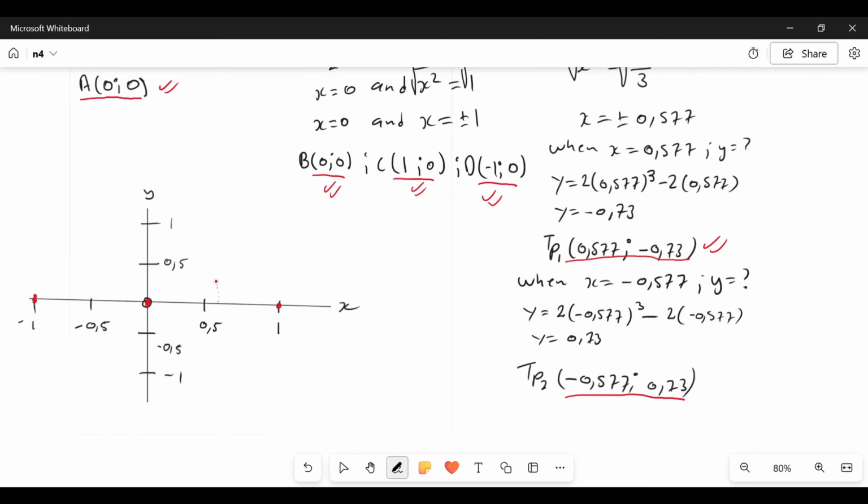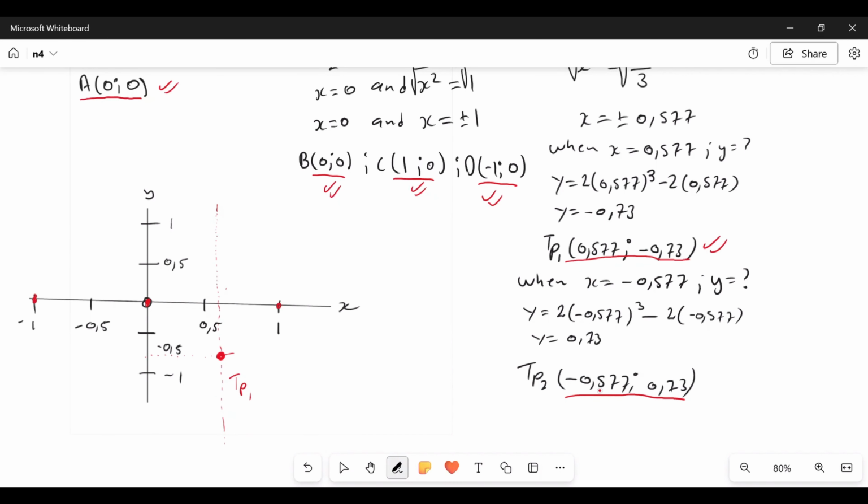You take a ruler here, which is very close to 0,5, draw a line that is vertical, going upwards and downwards like this. There we go. Right. Now remember, our y is supposed to be -0,7. -0,7 is supposed to be on the negative side of the y-axis, very close to the middle between -0,5 and -1. So I will put it somewhere here. There we go. So this here is going to be our turning point. Let me just call it TP1.